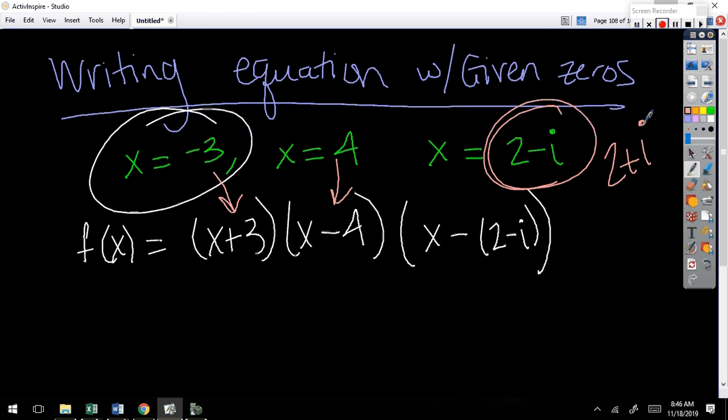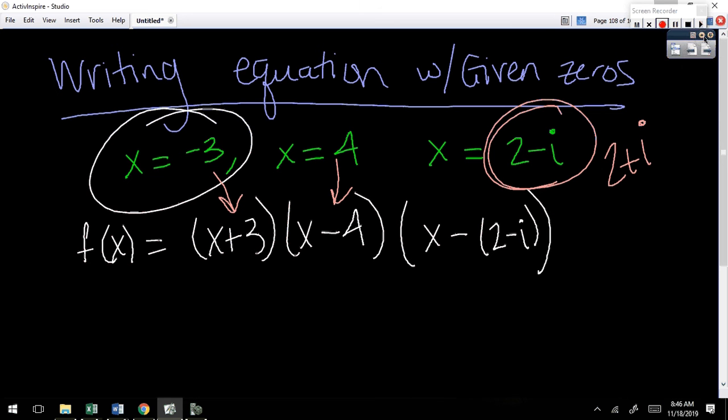So anytime you have imaginaries or complex numbers, you have to include both. So if this is a zero, I also have to include 2 plus i. Does that make sense to you? Because that is also a zero. If you're given one complex zero, you have to include the conjugate of that complex zero also.